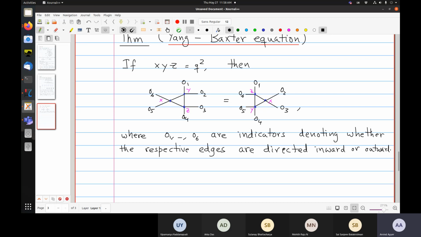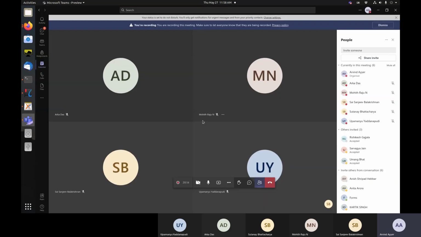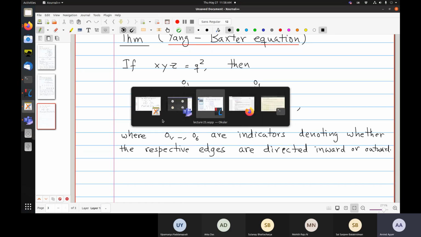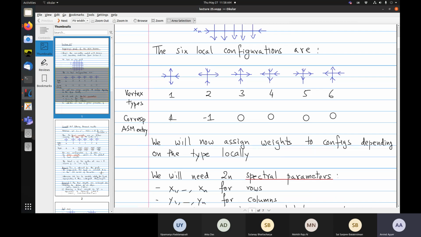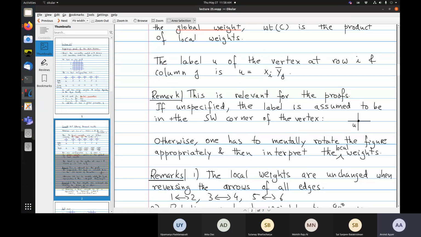Is the statement clear? Many people are upset with this kind of notation, but I hope it's clear. So, are there any questions? Please ask. And the key point here is something that I emphasized last time, which I said we will not use last time, but we will use it today. This is this remark.